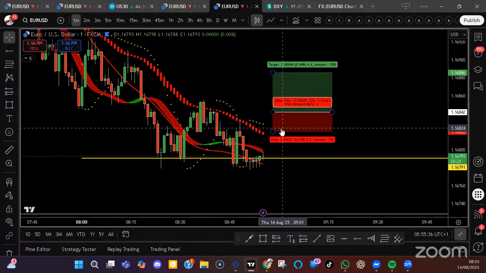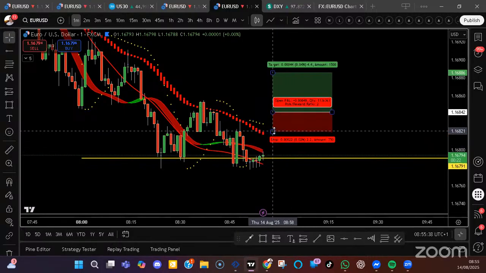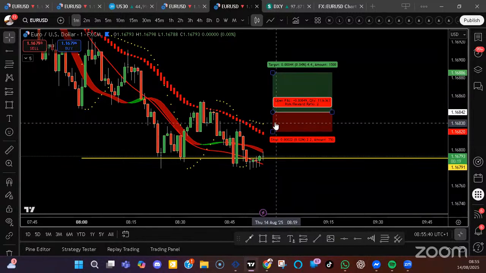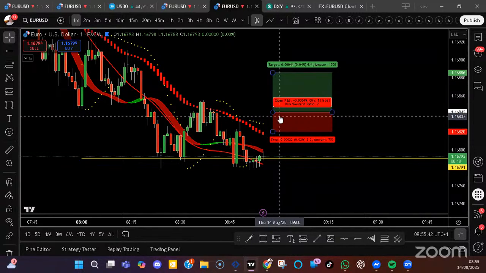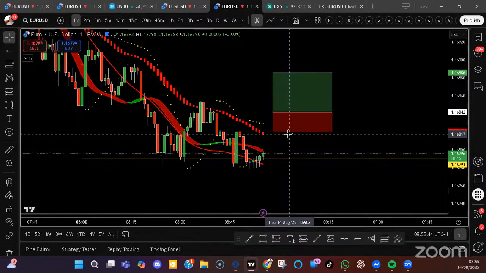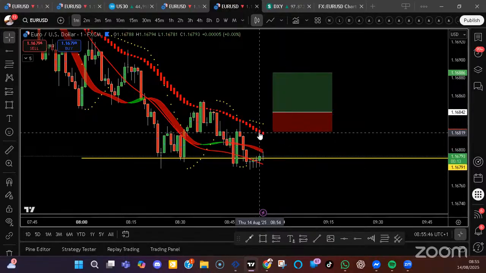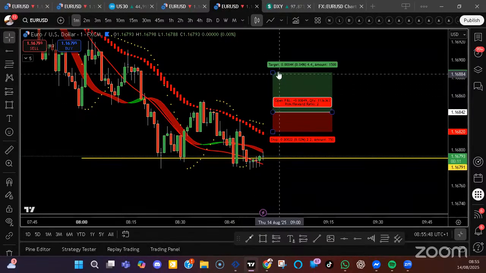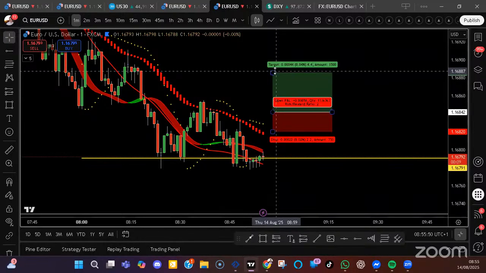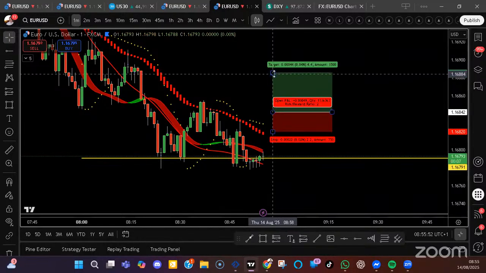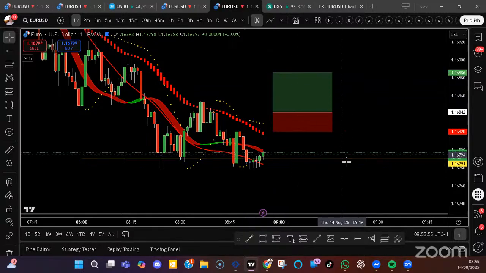And the idea is, although we keep a minimum of 2.2 pips away, you need to keep as close to the entry as possible, because obviously that brings your 2% profit target down.